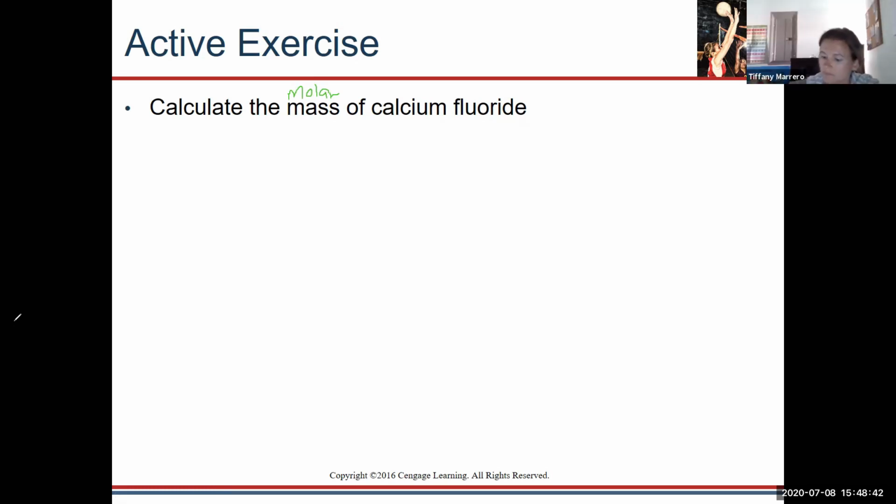So what is the chemical formula of calcium fluoride? Calcium is Ca, and fluoride is F2. How many calciums do I have? 1. And calcium weighs 40.